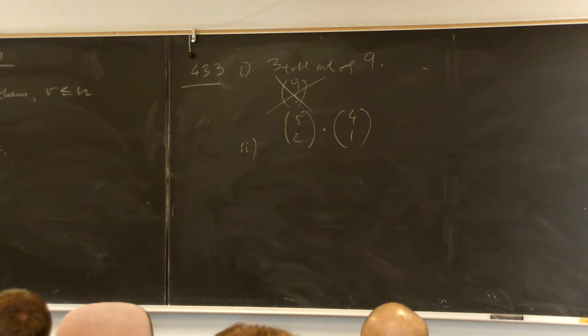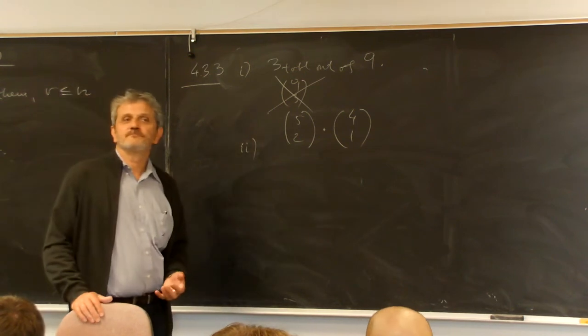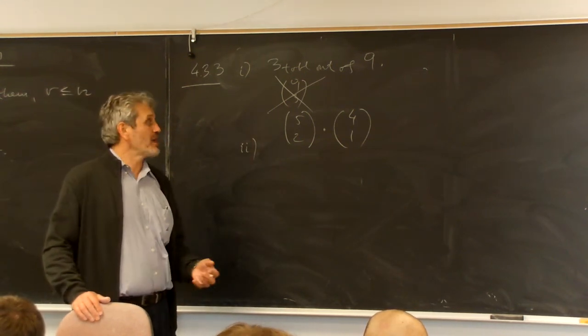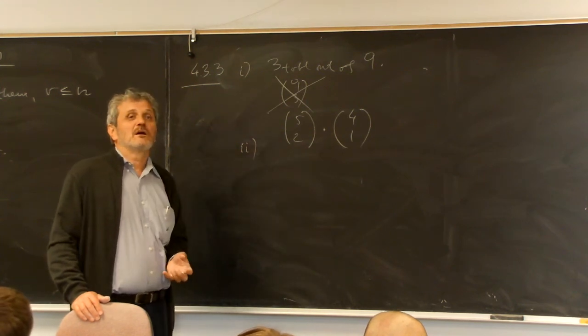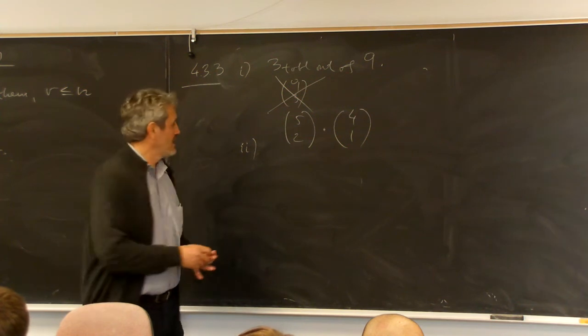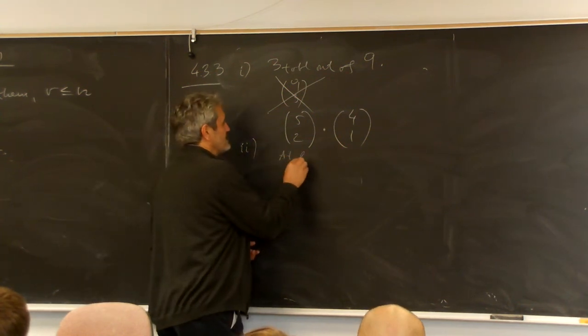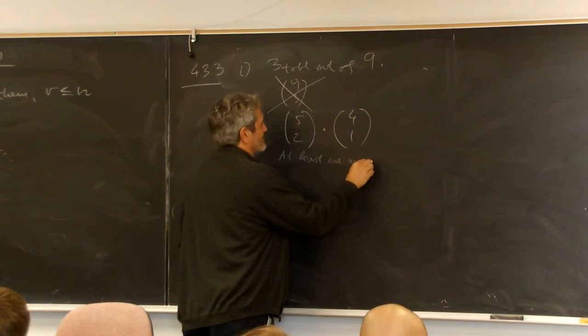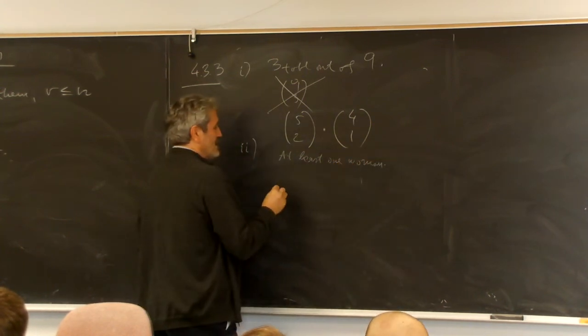It says how many teams have at least 1 woman. So what does it mean, at least? Can I break at least into a few situations of this type? Yes or no? At least 1 woman means what?